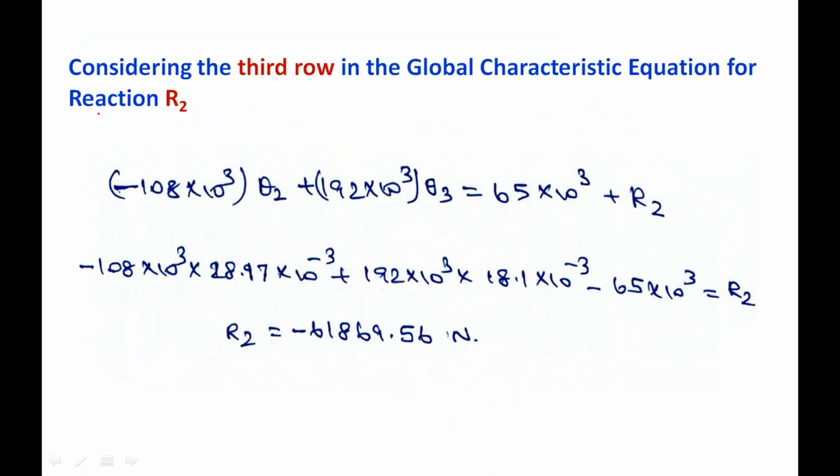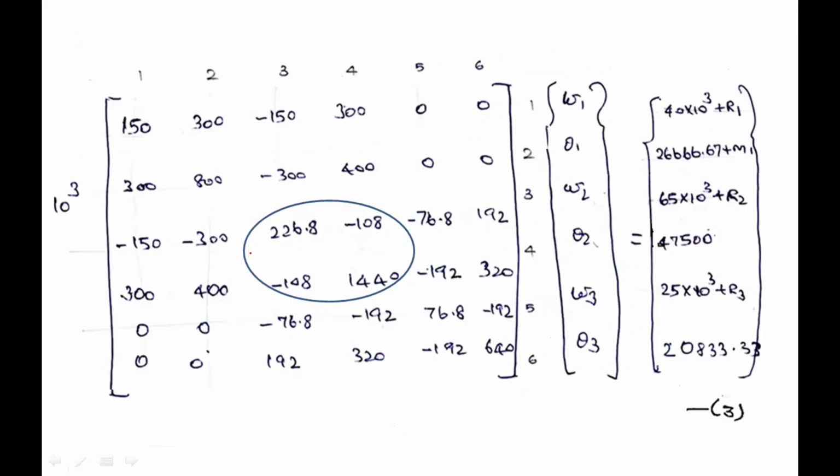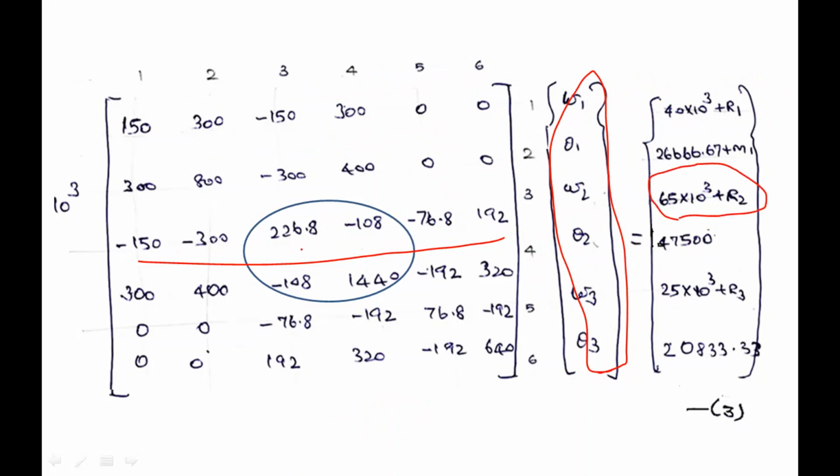Similarly, to find the reaction at the roller support node 2, we consider the third row and multiply with the nodal degrees of freedom. In the third row we get minus 108 theta 2 plus 192 theta 3 equal to 65 into 10 power 3 plus R2.